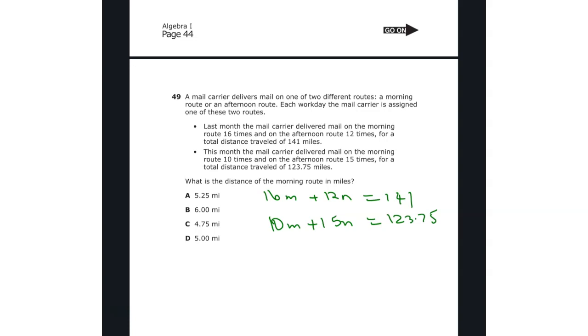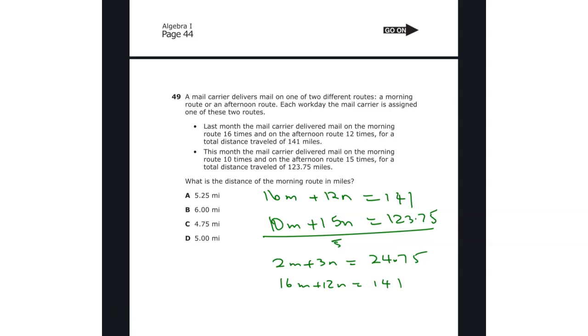So what can we do here? We can divide this by 5. So we have 2m plus 3n equal to 24.75. 16m plus 12n equal to 141.